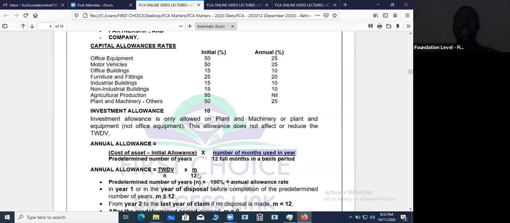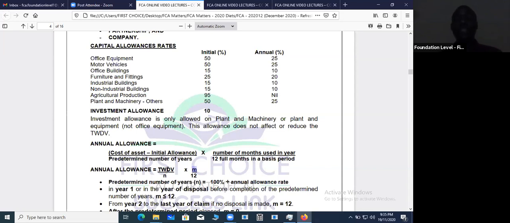This normally affects the first year. So the first time you are using the asset will be prorated. From the second year, your M becomes 12 because you are using it in the full year. So 12 over 12 is 1. 1 times anything gives you the same thing.